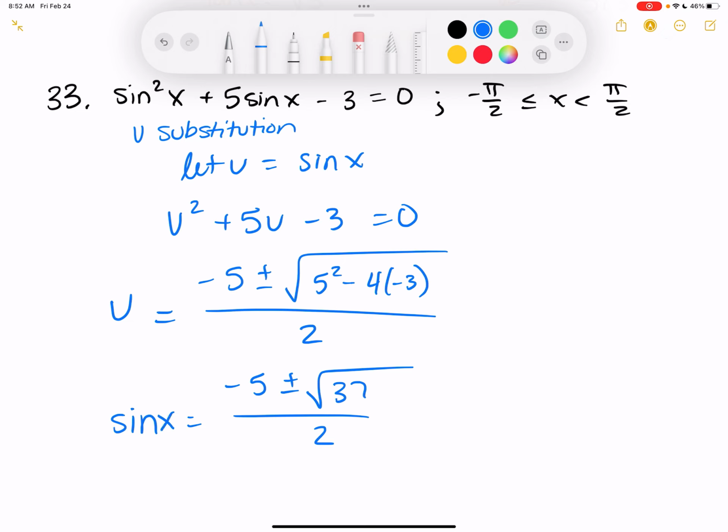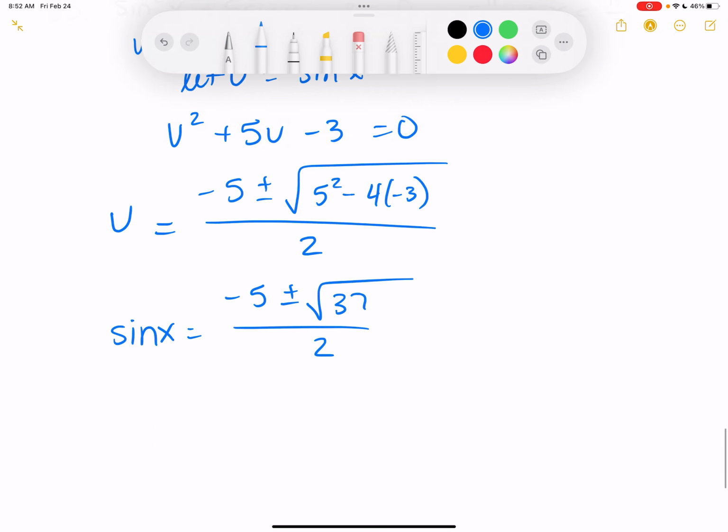Now, technically speaking, only one of these is going to work. But what we would do then, if we were to continue, is x equals the inverse sine of that number. Whatever works is going to give us an answer.